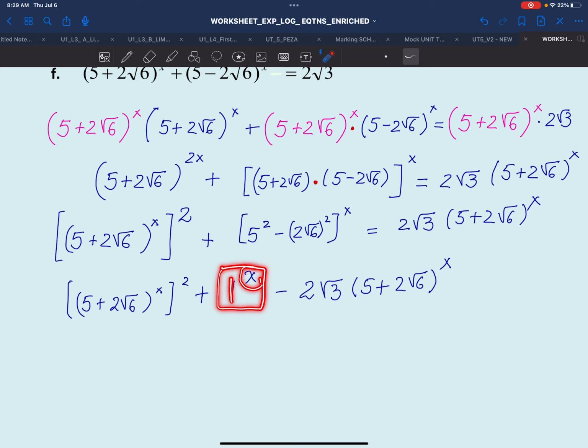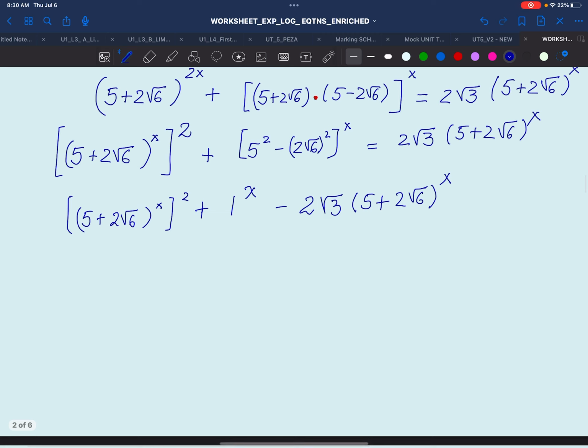No matter what the values become in the exponent, when the base is 1, then the term will have a value of 1. So here we go: 5 plus 2 root 6 to the power of x, all of it squared, minus 2 root 3 times 5 plus 2 root 6 to the power of x, and then 1 to the power of x is 1, equals 0.